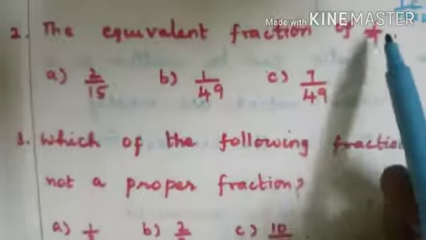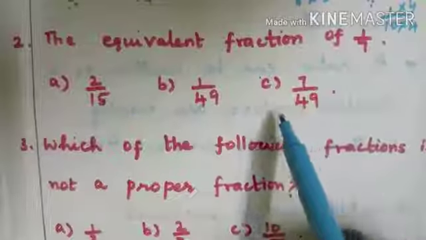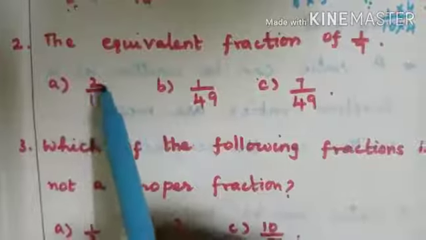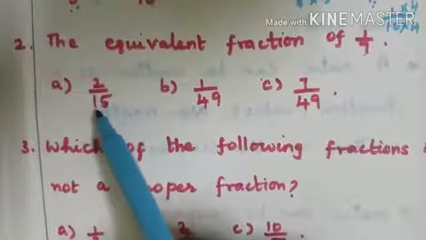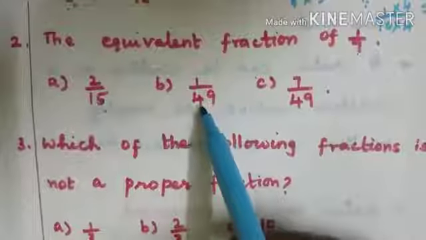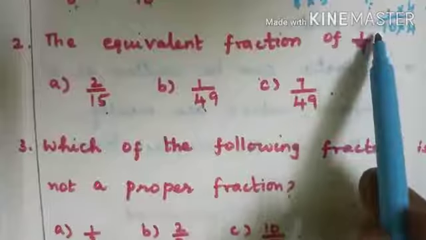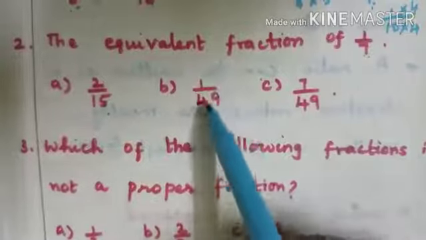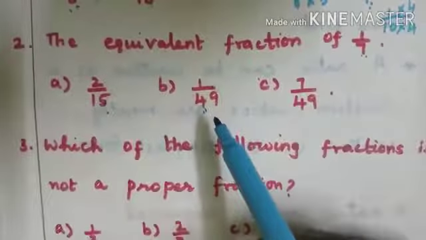Now you see here 1 by 7 and they are given 3 options. When we are multiplying, 1 2 is 2, 7 2s are 14, but the answer given is 15, so it is not the answer. Now 1 by 49: 7 7s are 49, and the numerator 1 7 is 7 must come, but 1 by 49 is given, so this is also not the answer.